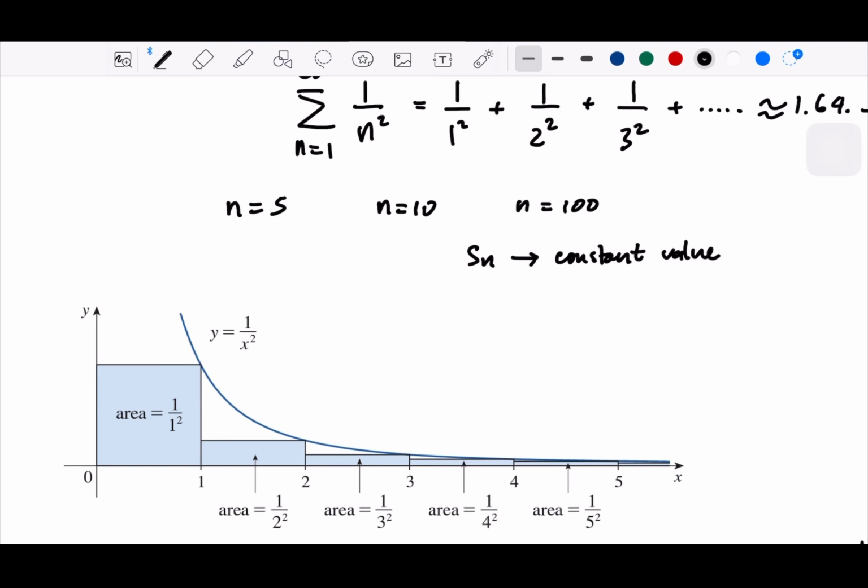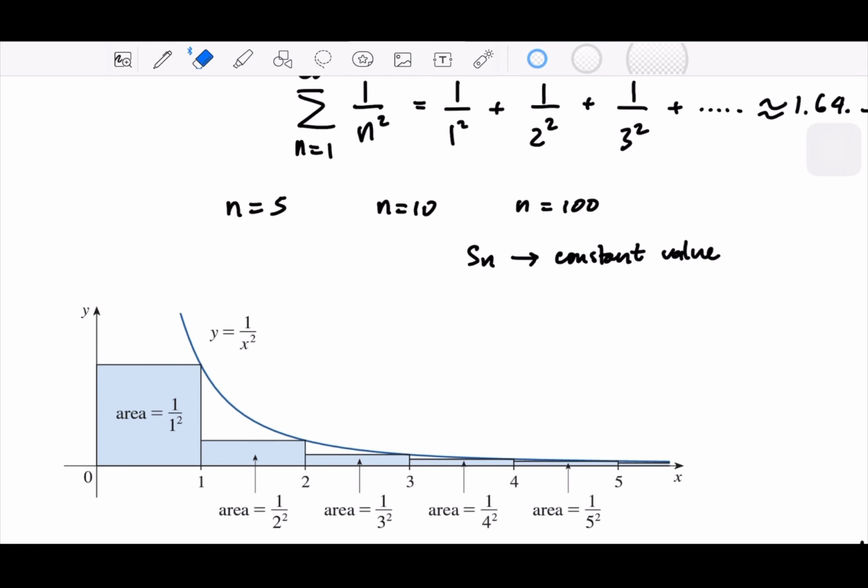Okay, since this first area here is 1 by 1, let's say we know the area 1 by 1 here. So we need to know this part here, right? Which is going to be from the second one, from the area 1 over 2 squared. Okay?